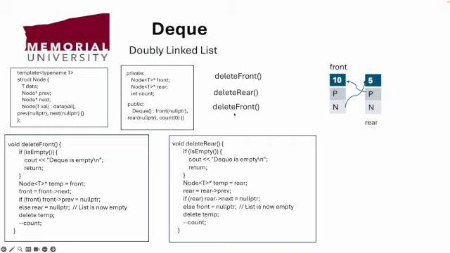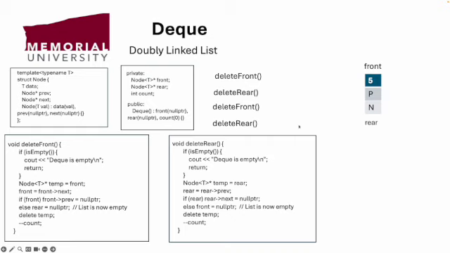Okay, let's do it again. Delete front. We create a temporary pointer for front pointing to this node. We move the front to here, and then delete, disconnecting this relationship, and then delete this node. Size reduced by 1.